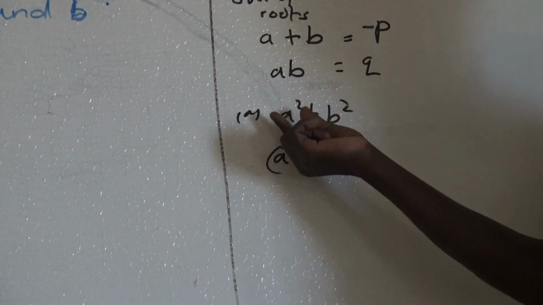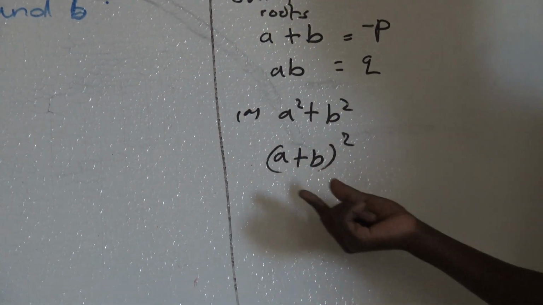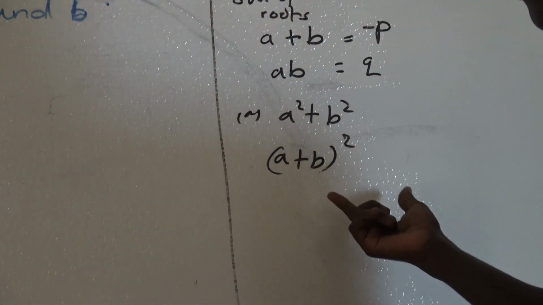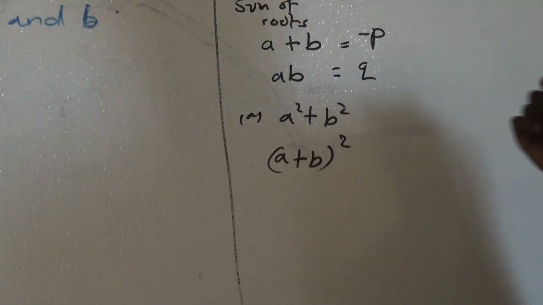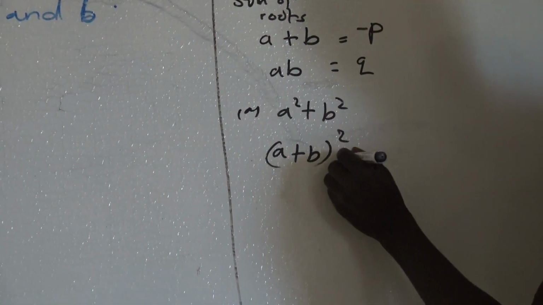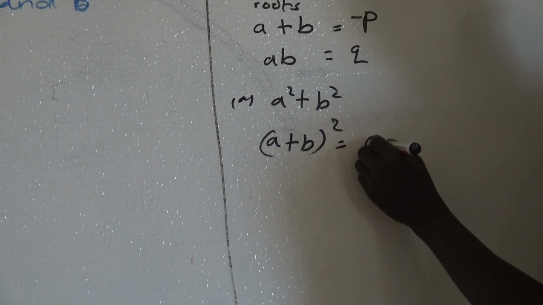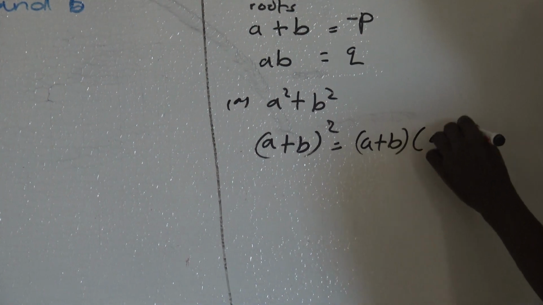Like if we want to get a component of a squared and b squared, we have to get the a plus b, then we square. So that one will give us a component of a squared and b squared. So when we are expanding, this one will be the same as a plus b times a plus b.